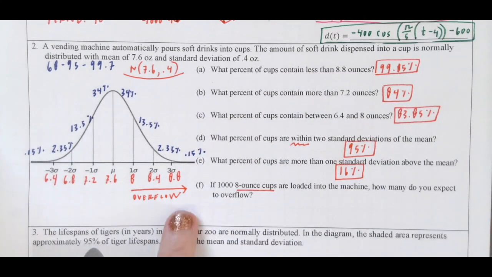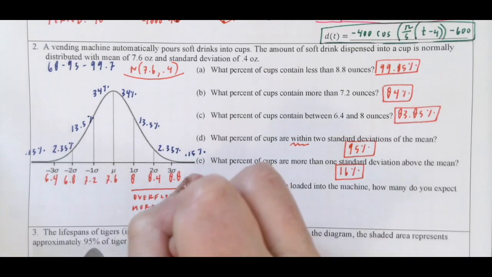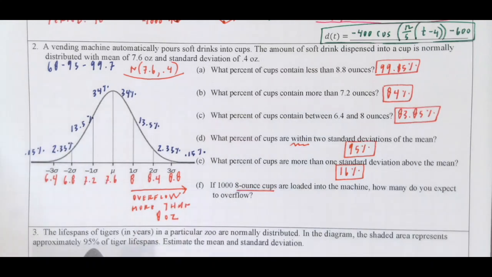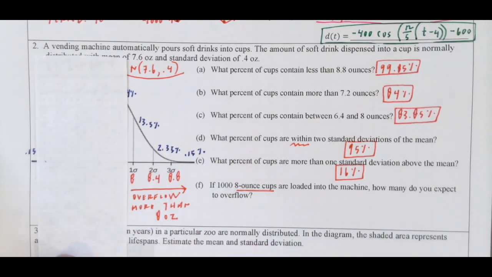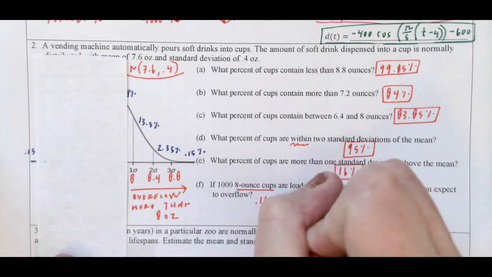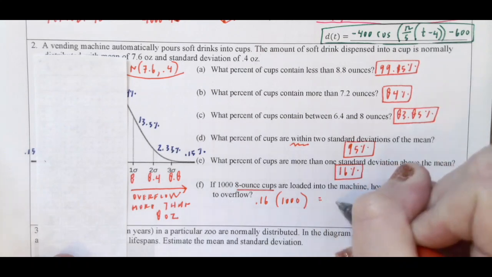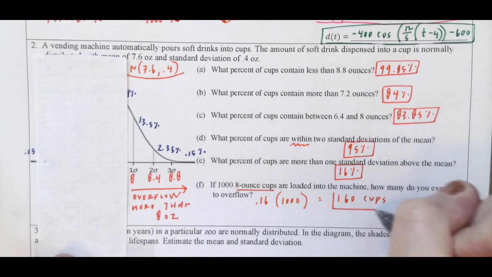We just calculated what that percentage would be. So let's look at it as a decimal and multiply by those 1,000 cups. That means 160 cups is what we would expect to overflow.